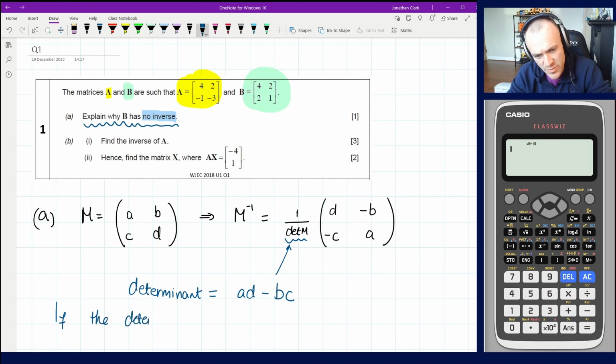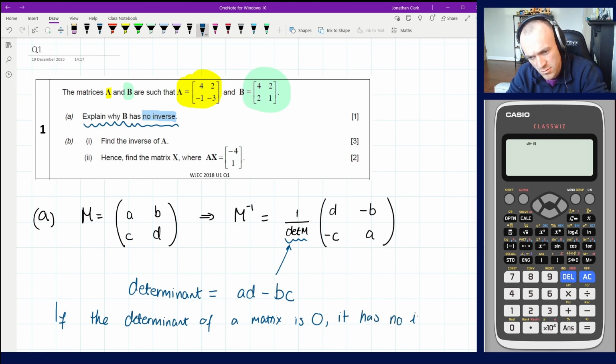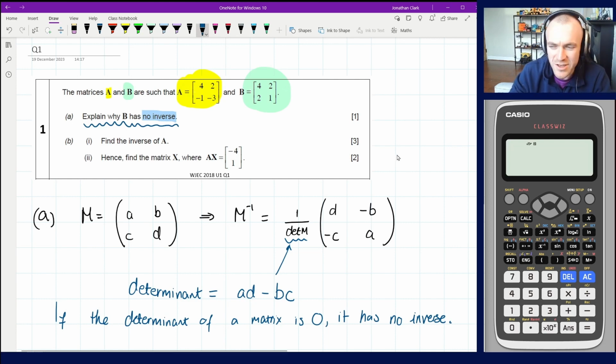If the determinant of a matrix is 0, it has no inverse. So let's calculate the determinant in the case of matrix B, see what we get. Got a feeling that it might be a 0.